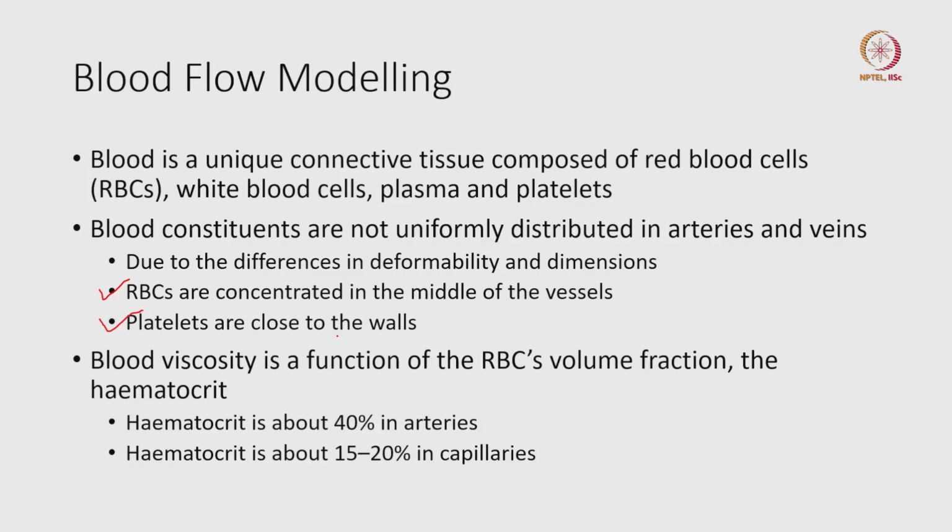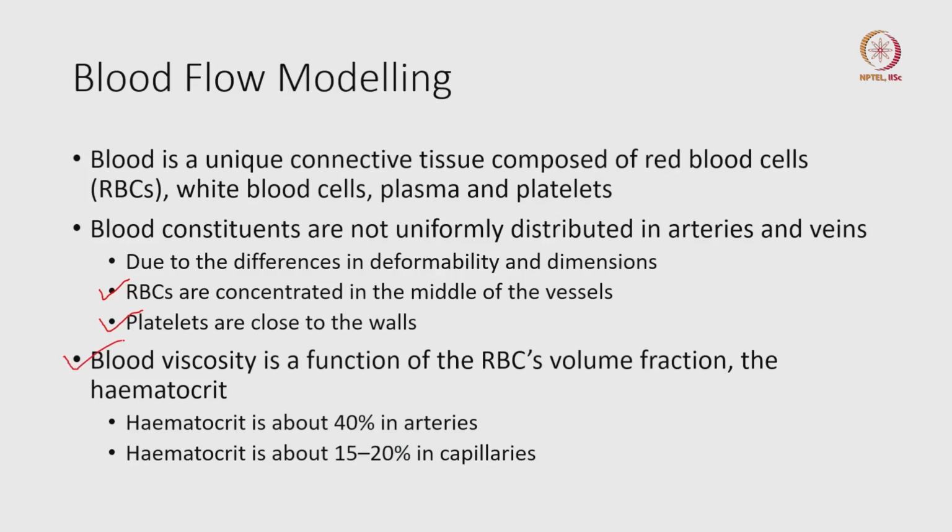So, once you model those properties as particles within COMSOL or in a numerical tool, then you would be able to better understand the flow of the blood within the arteries and veins. Also, blood viscosity is one of the major analyses.